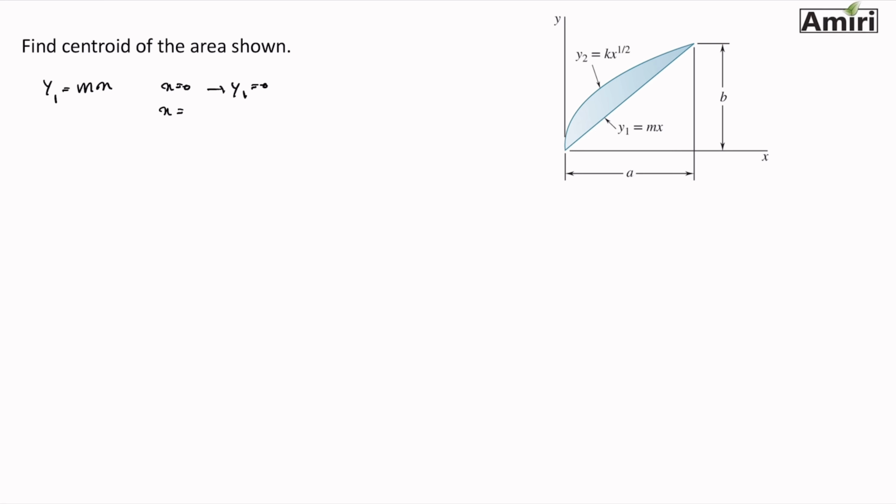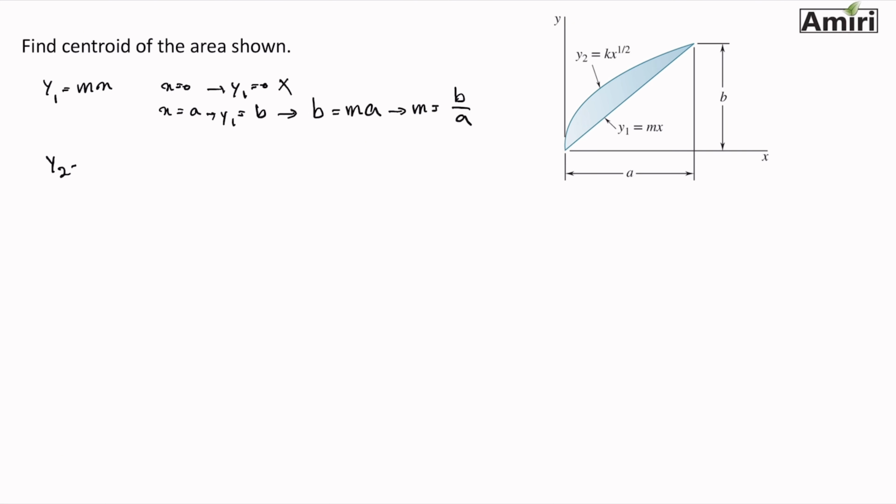When x equals a, y1 is b. So let's use this one. The first one doesn't help us much because we get 0 equals 0. This one will give us b equals ma. So as a result, m should be b over a.